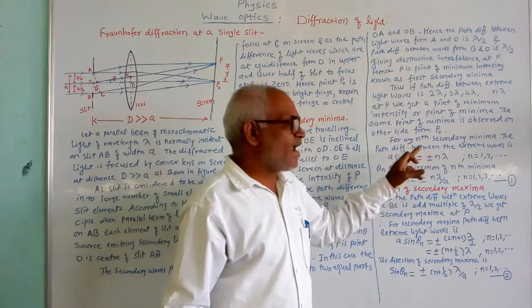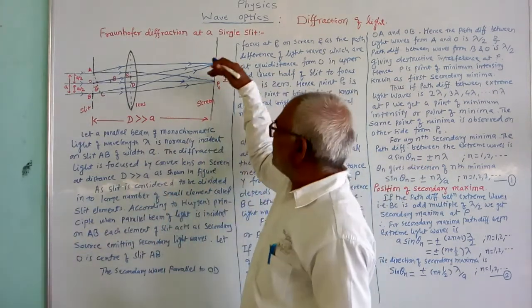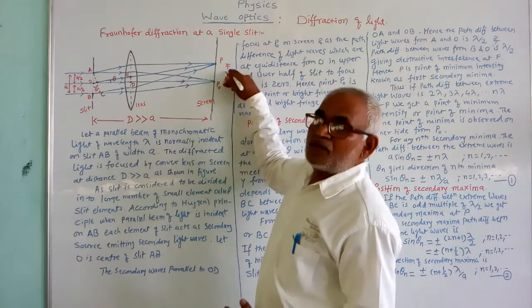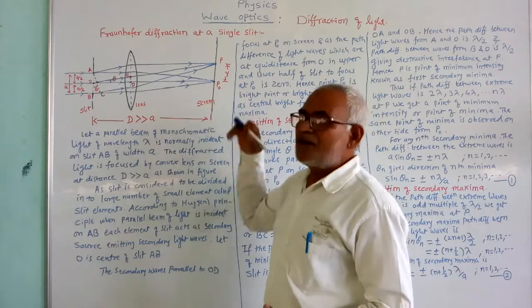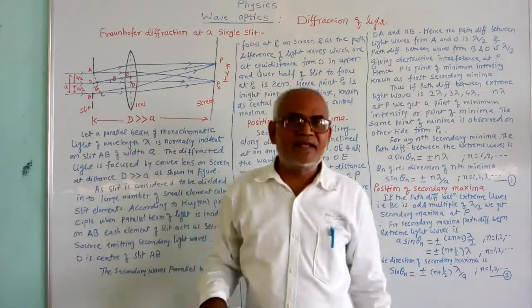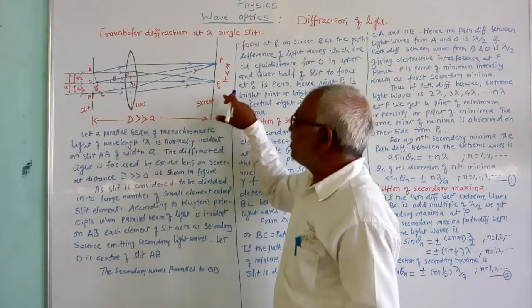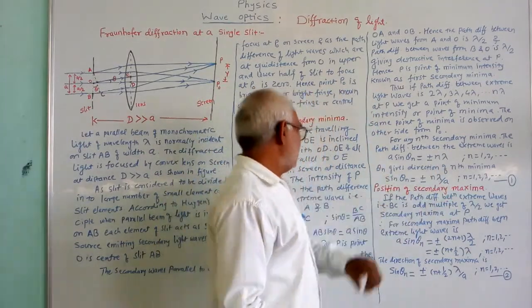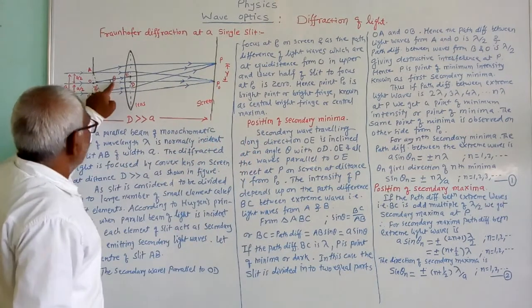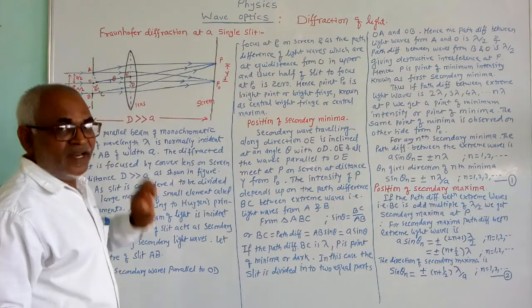Here the positive sign is for those secondary minima which are in the upper part from P0, and the negative sign is for the minima which are on the lower side from P0. Now this angle theta gives the direction of the minima.